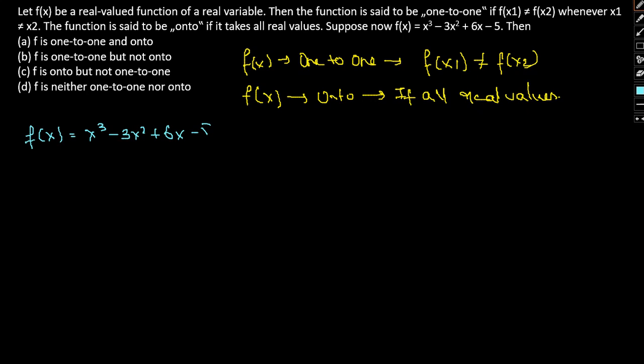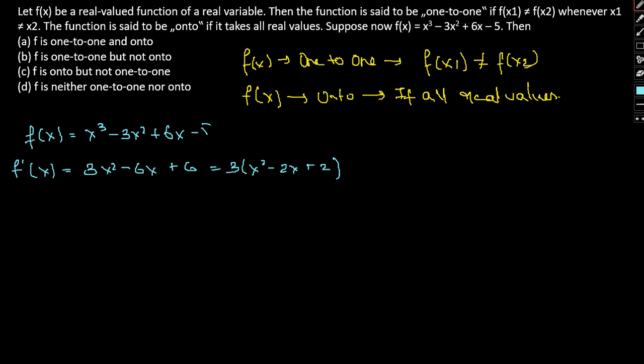So let's first take f dash x. We'll simply differentiate it first. Then we have 3x square minus 6x plus 6, which can be written as 3 common, x square minus 2x plus 2.